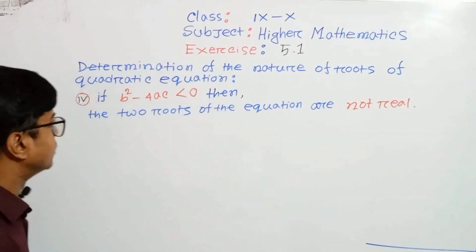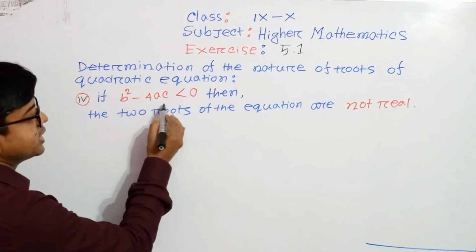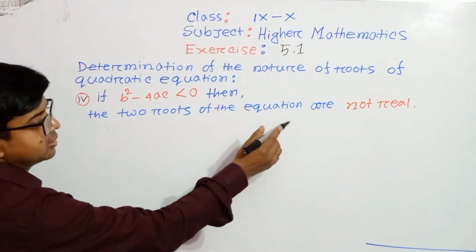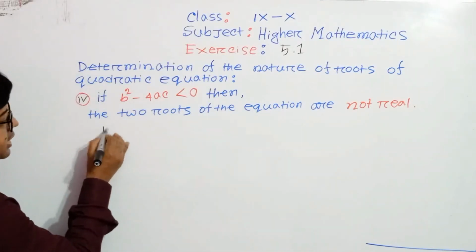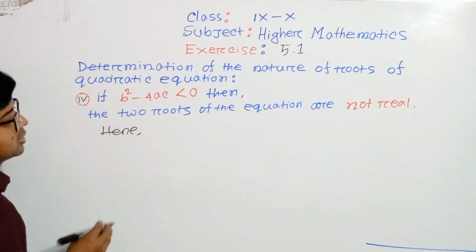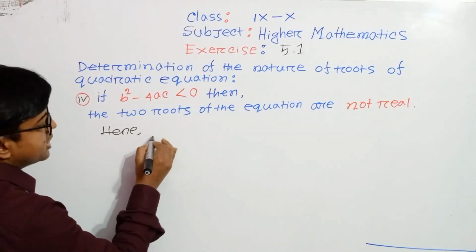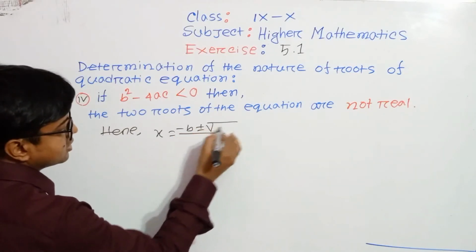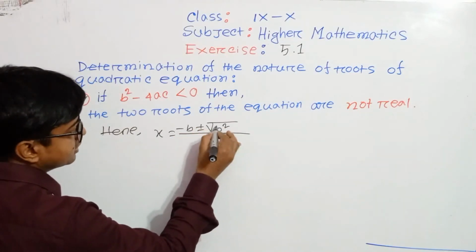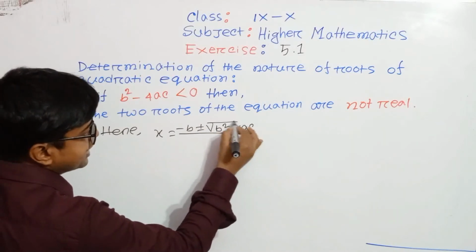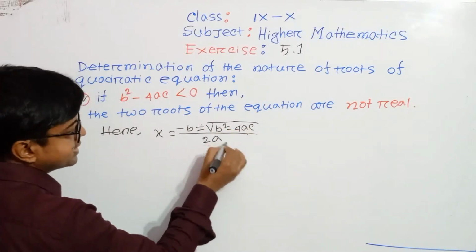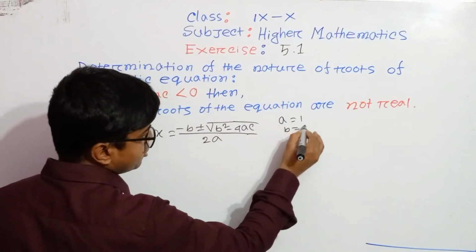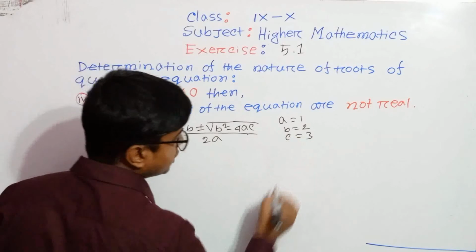Now condition number 4. If b square minus 4ac is less than 0, then the two roots of the equation are not real. Here the roots of a quadratic equation are x equals minus b plus or minus square root of b square minus 4ac by twice a. Suppose a equals 1, b equals 2, c equals 3.